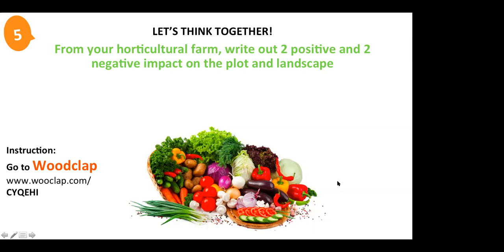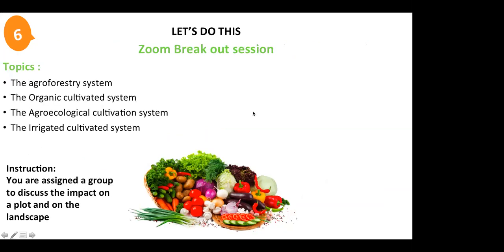And then the negative impact can be greenhouse gases increase. And also the other negative impact is monoculture cultivation, in a way that you are doing the same seedlings year in, year out.